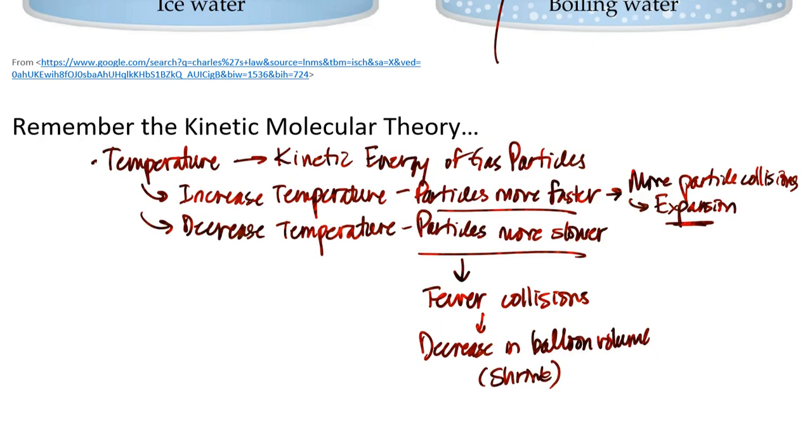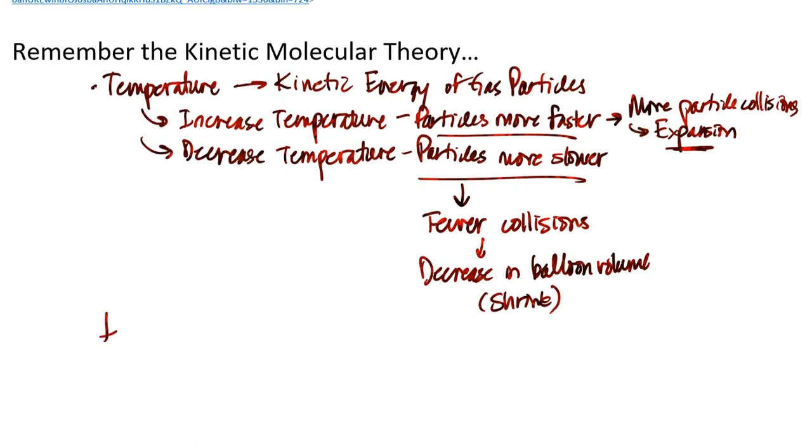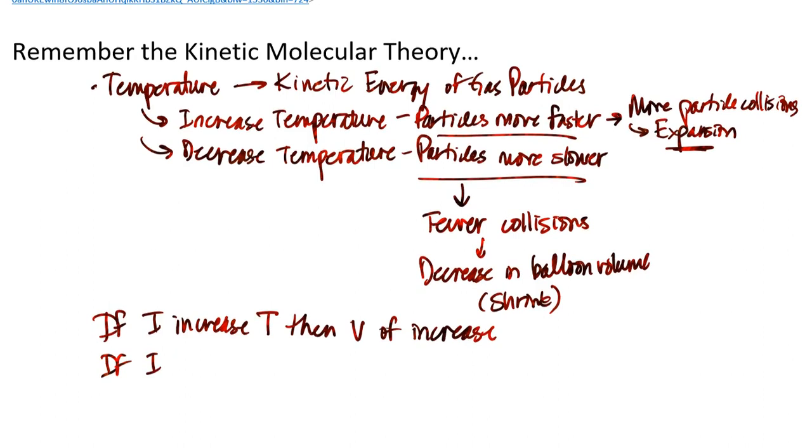Okay? And so this sets up the relationship that if I increase temperature, then the volume of the gas will increase. It's also true that if I decrease the temperature of the gas, then the volume of that same gas will decrease.